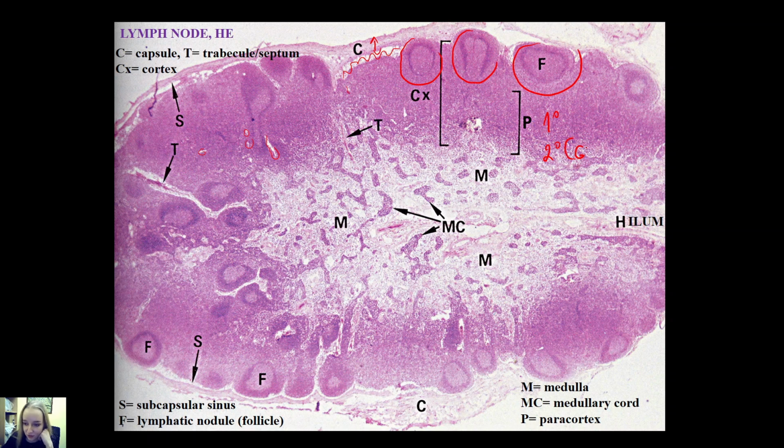So secondary follicles contain a germinal center, and there is this light spot in the center of a follicle, like here. Something going on here, germinal center.